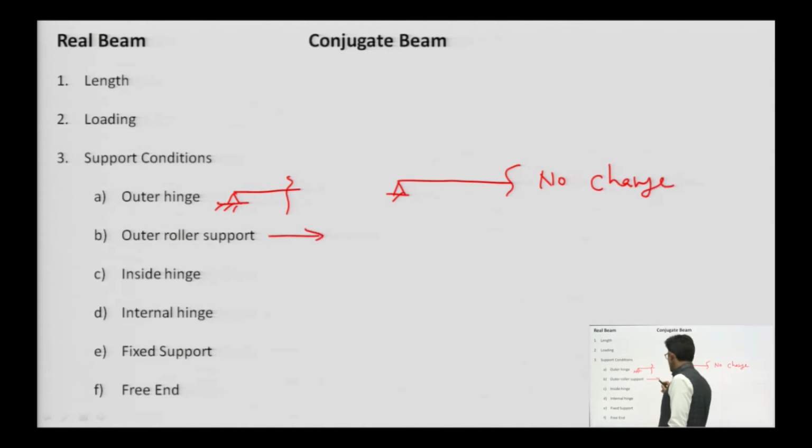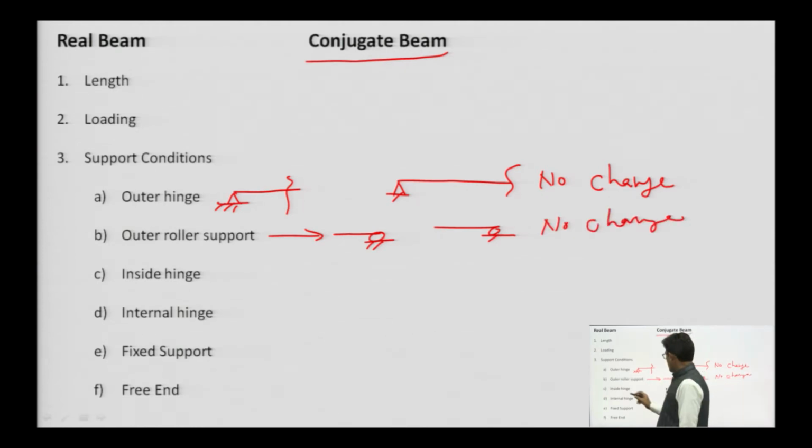Outer hinge or roller support is also the same in the real beam and in the conjugate beam. No change.